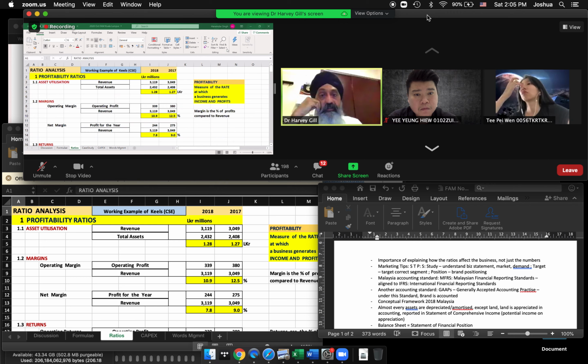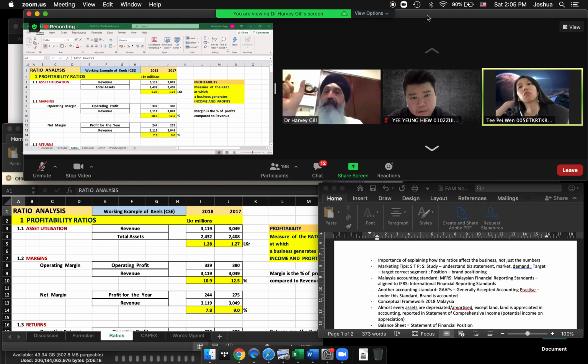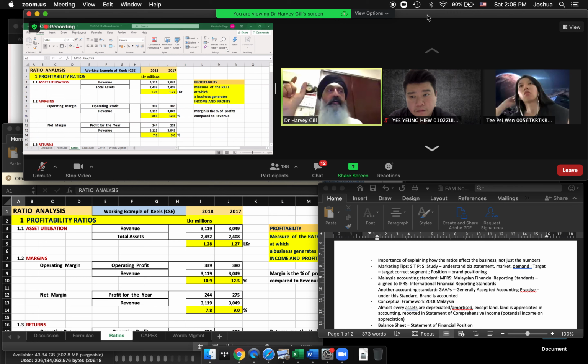Now, is it possible that sometimes people may work out a certain ratio and give it the same label as what you have done, but they work out that ratio with a slightly different formula? Yes, of course there is. So what I'm going to do today is share with you a formula for most of the popular ratios as we use them in practice.